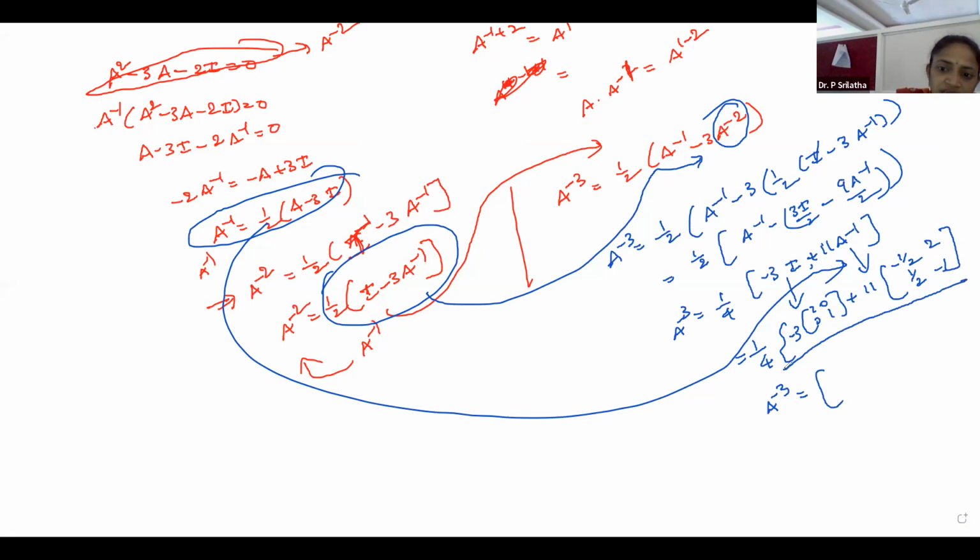Simplify this entire one, then you will get it. Otherwise, you can keep 1 by 4 outside. So this is minus 17 by 2, this is 22, this is 11 by 2, and this is minus 14. Once check whether it is correct or not.